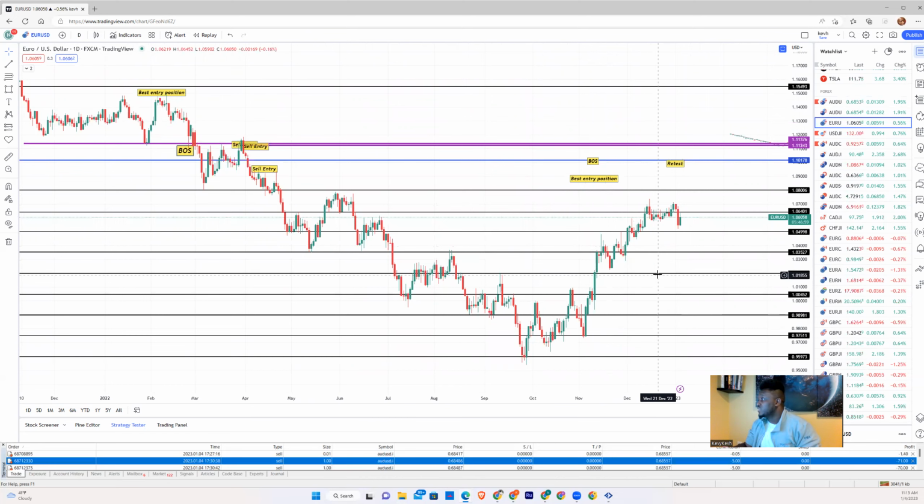I have been analyzing this thing, so it's usually not fair when I just pull it up and I have all these lines in there. But best entry position, I'm waiting for the market to come up here for me to sell from here, because I think it's gonna be a nice sell position from up there. But I think we'll see on the daily.